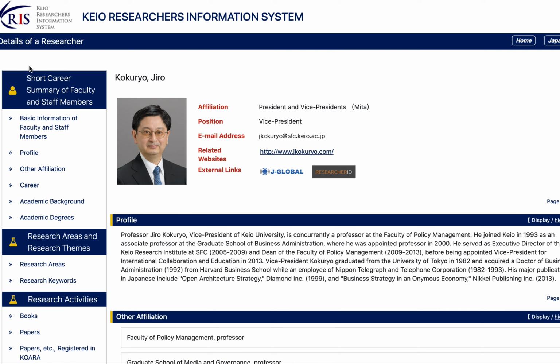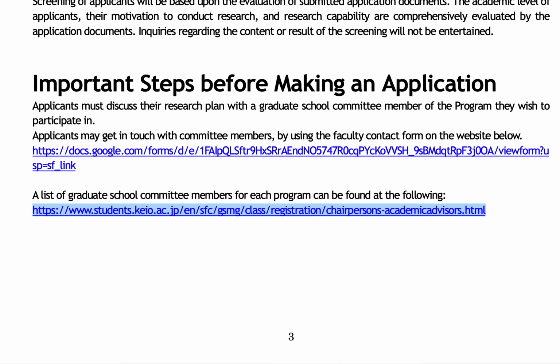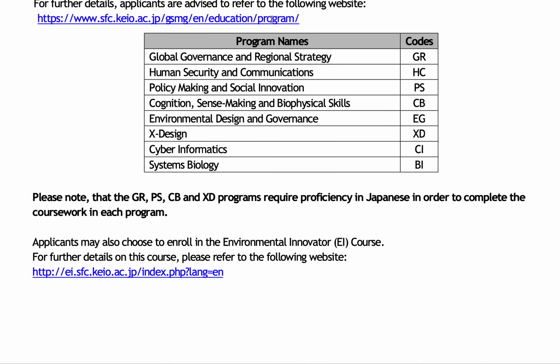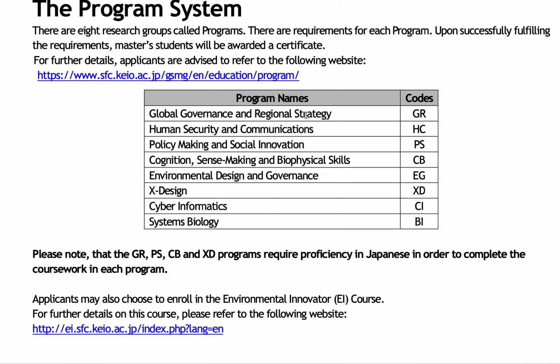And so finally, I want to provide some tips. If you are a student in Yonsei Gsis, the program I suggest you to apply for is global governance and regional strategy, because if you apply for other programs, it's a little difficult to get the admission, because other programs need some professional background.